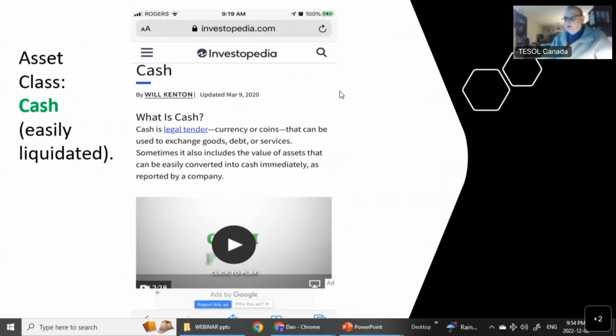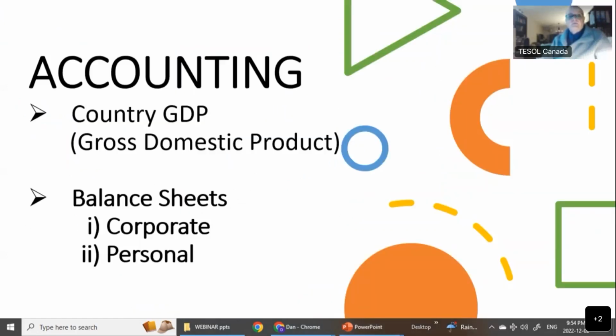So stock market or equity, bonds or loaning and borrowing, and then cash. Cash is anything that can be used to exchange goods, debt, or services. Something that can be easily liquidated into cash is considered to be a cash aspect of this asset class.